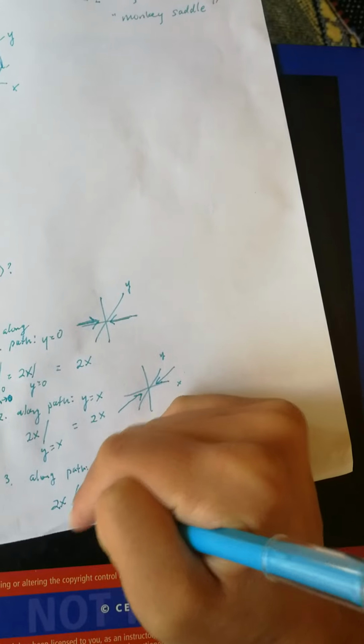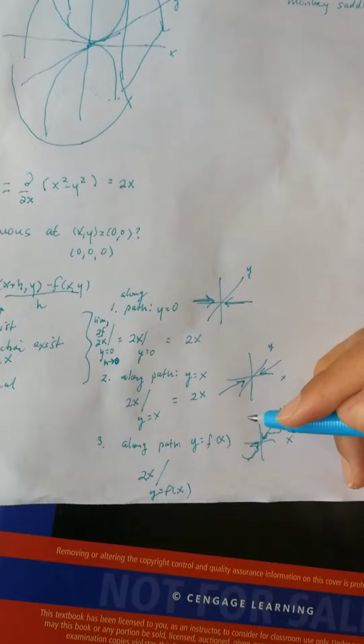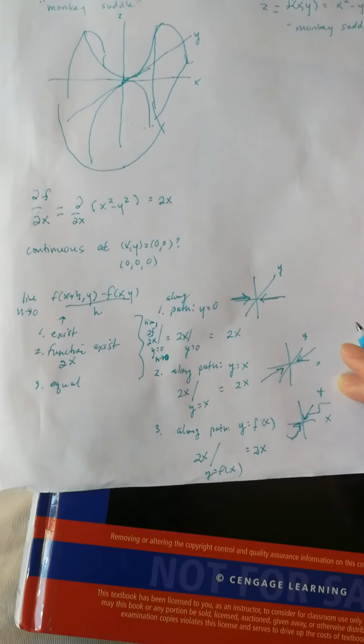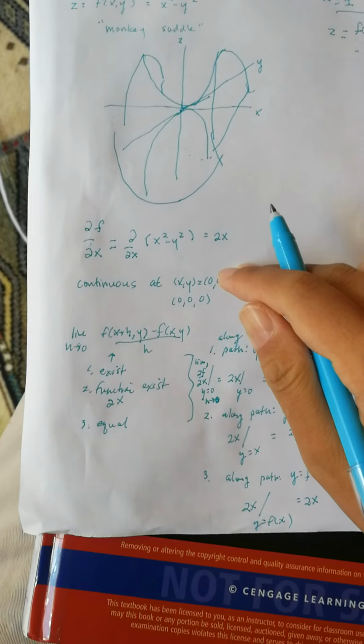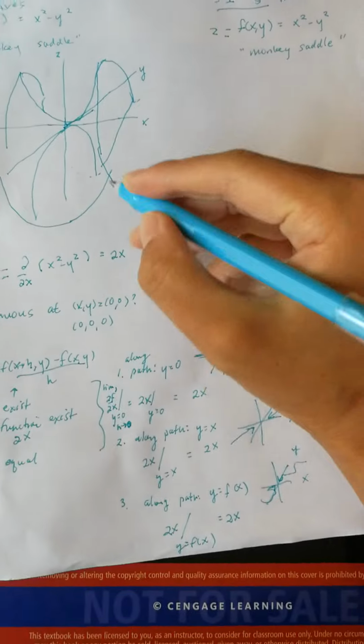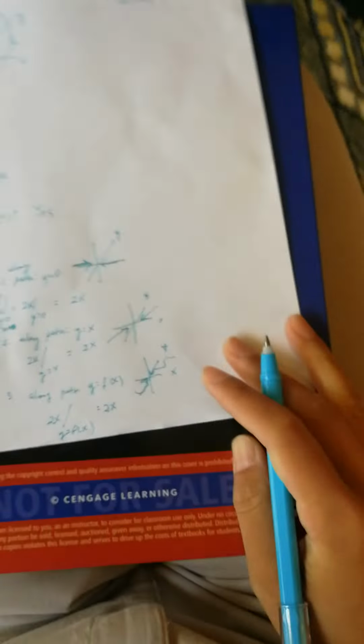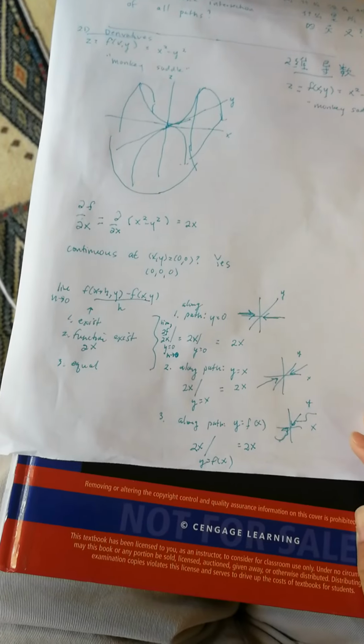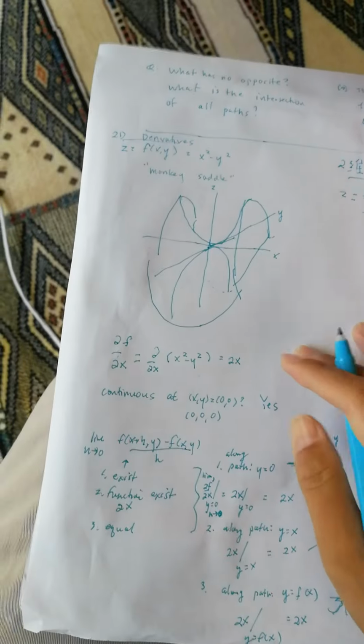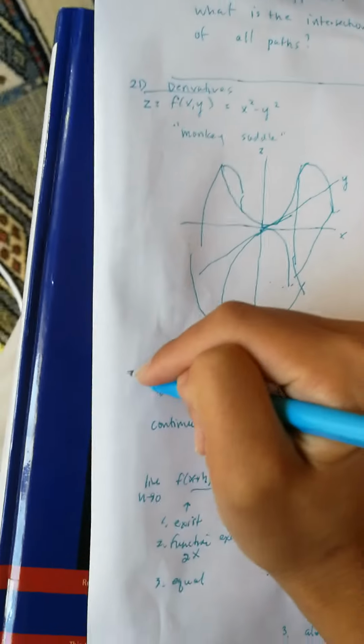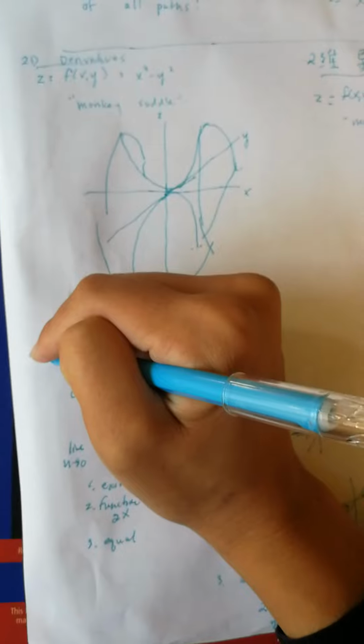And no matter what y equals, 2x is always going to equal 2x, which equals 0. So yeah, it is continuous. So yeah, we just did problem 1 and problem 2. Great.